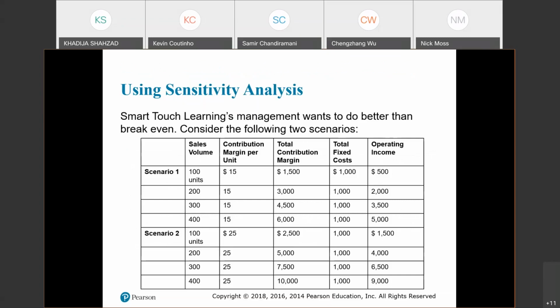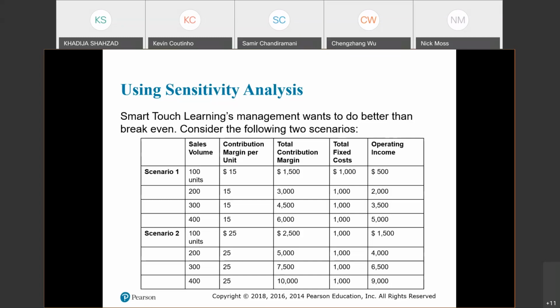Well, managers usually prefer a low break-even point to a higher one, but do not overemphasize this one aspect of CVP analysis. Even though Smart Touch Learning has a break-even point of 60 units, and each of the previous examples increased the break-even point, management wants to do more than break even.